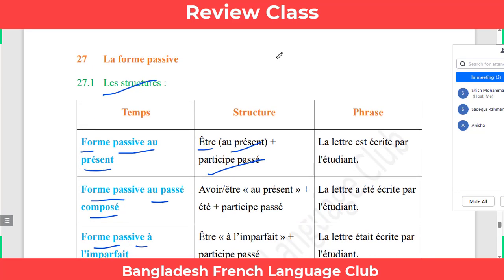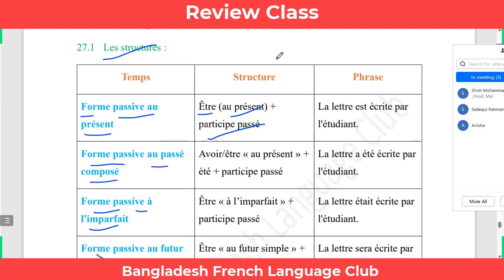Without the past participle form of the main verb, the passive sentence cannot be done, okay. So la lettre est écrite. So here in present tense the être verb conjugation will be used in present tense.